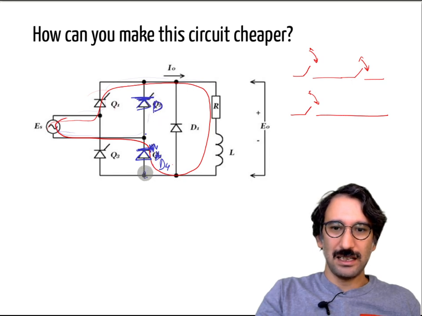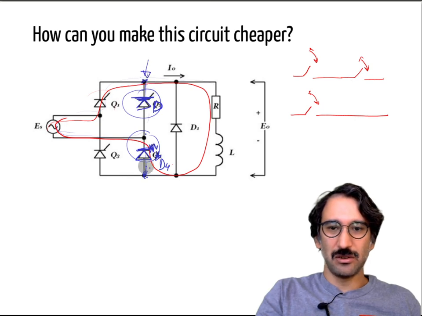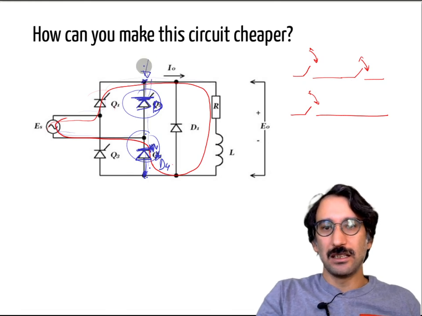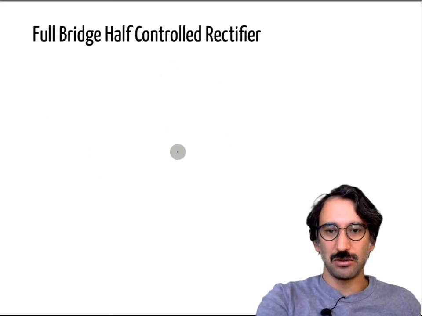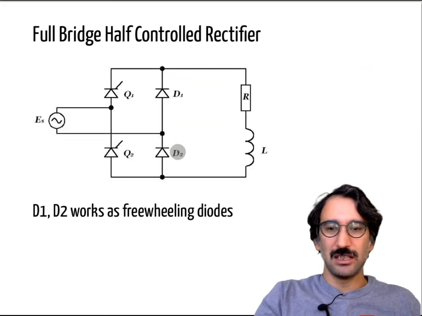And as I have two series diodes in that direction, if they are ideal, they are just checking that voltage. If that voltage is less than 0, both of them will get into the conduction mode, and you will have the freewheeling effect. So basically you can get rid of that thing, and our circuit becomes something like that.